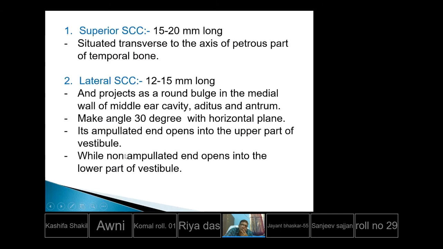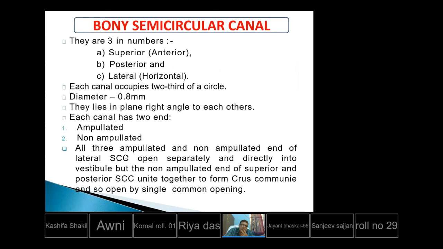Now, the diameter of each semicircular canal is about 0.8 mm. This is important. And they lie in planes at right angles to each other.